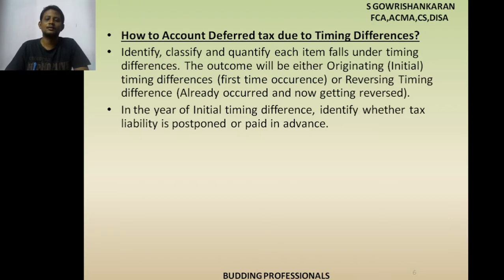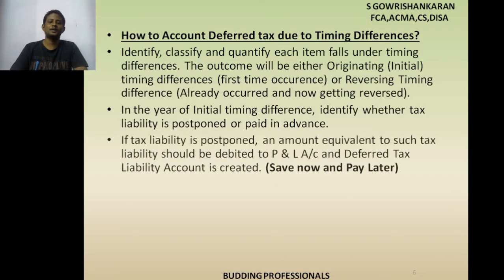So identify whether tax liability is postponed or paid in advance. Next, if the tax liability is postponed, an amount equivalent to such tax liability should be debited to the P&L account and a deferred tax liability account is created.